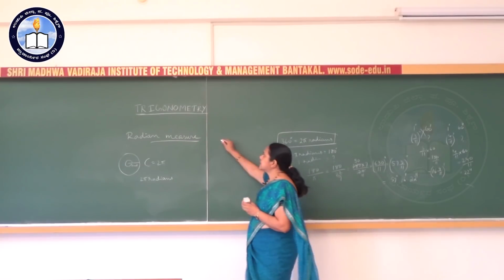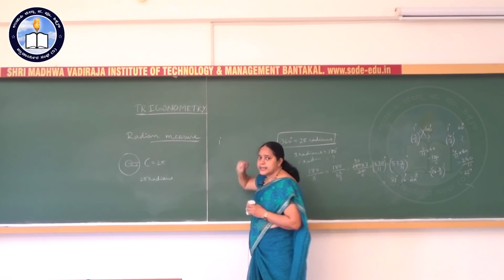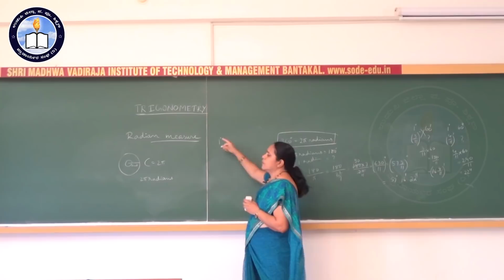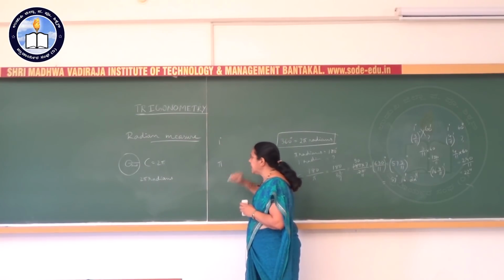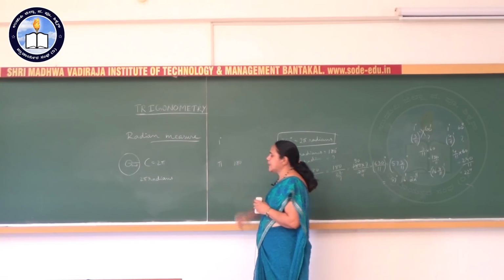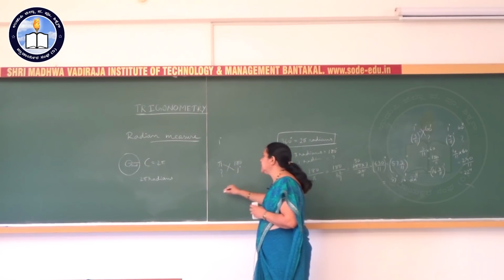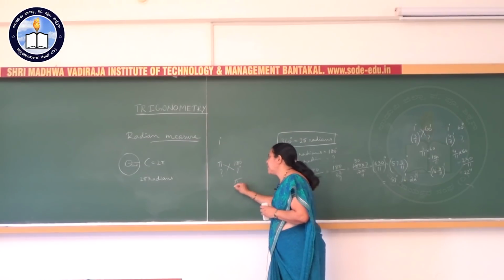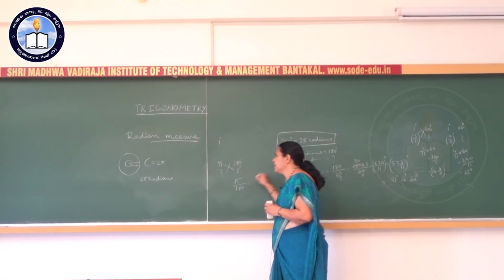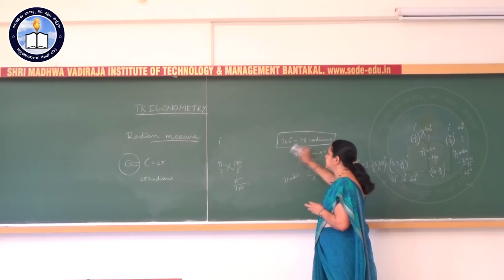Now, what is 1 degree in terms of radians? We know pi radians is equal to 180 degrees. So 1 degree, how many radians? It's pi by 180.